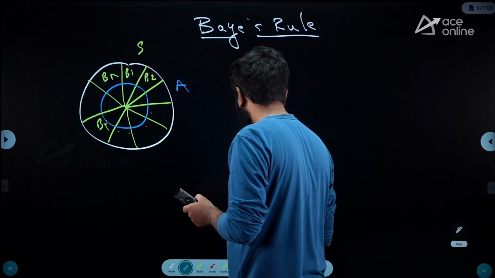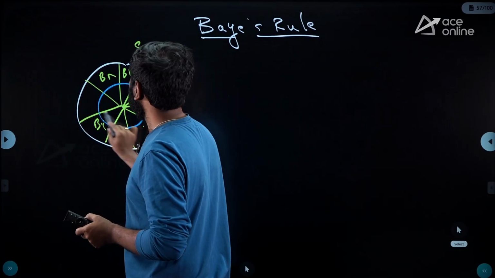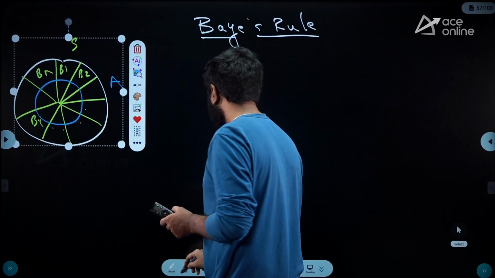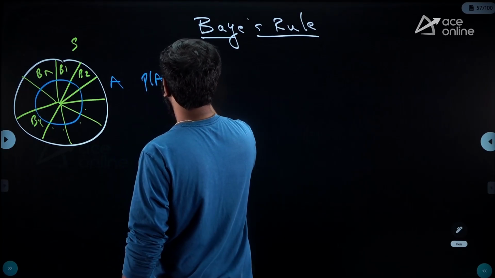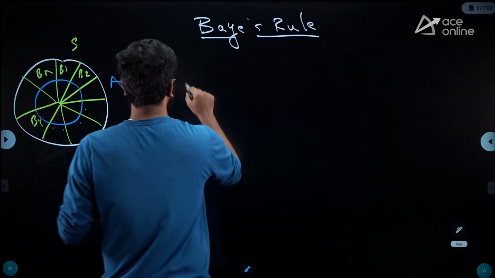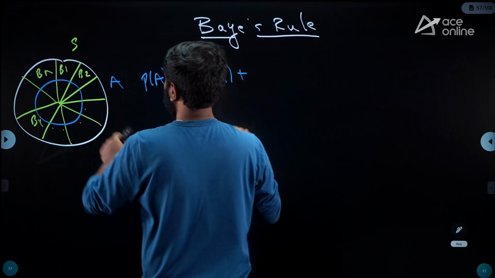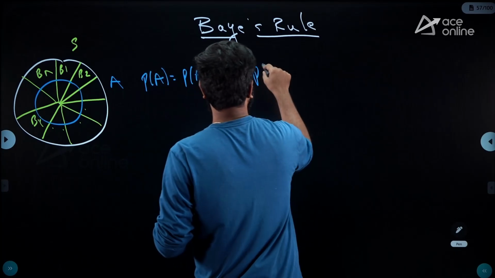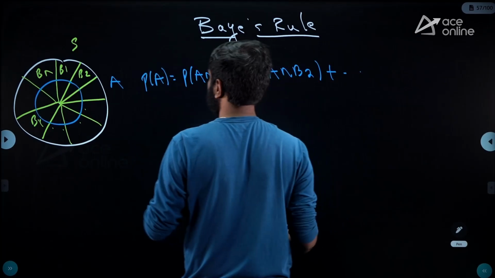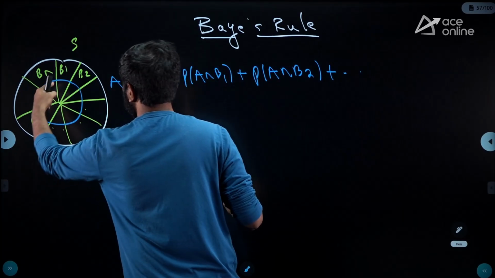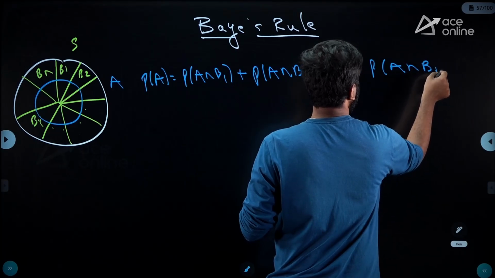So now, how do you find the probability of A, students? If you want to find the probability of A, then write like this. Probability of A is the probability of this portion, which is A intersection B1, plus the probability of this portion, which is A intersection B2, and so on, plus the probability of A intersection Bn.